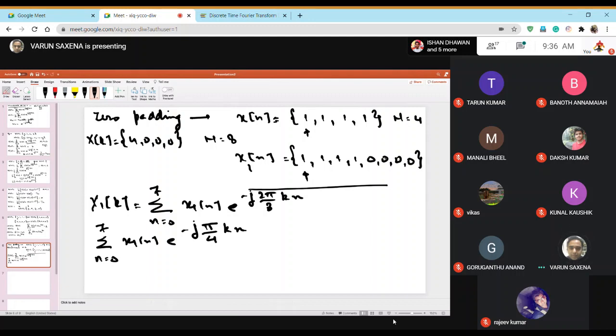Now if you expand this, you'll realize that x1[4] is 0, x1[5] is 0, x1[6] is 0, x1[7] is 0. So those terms don't come into this sum.